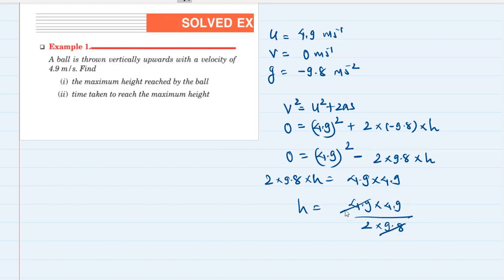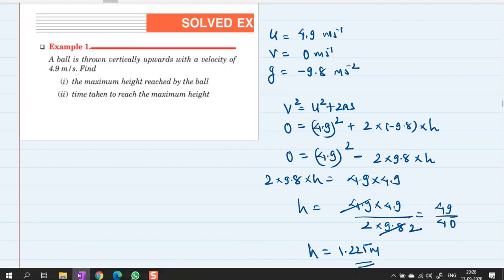So 9.8 and 4.9 will cut. 4.9 twos are 9.8. So we have got 4.9 by 4, that is 49 by 40. Now if we divide, we get the height, which is approximately 1.225 meter. If you want, you can do the calculation and check.